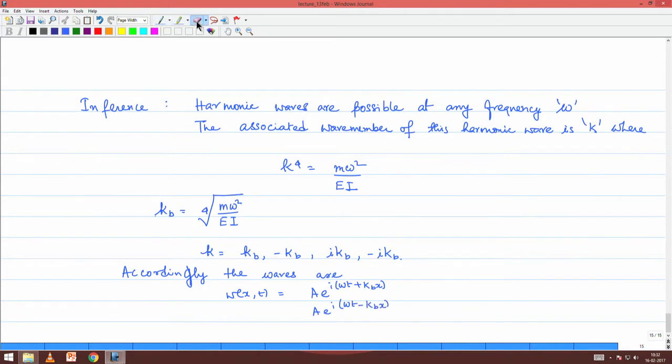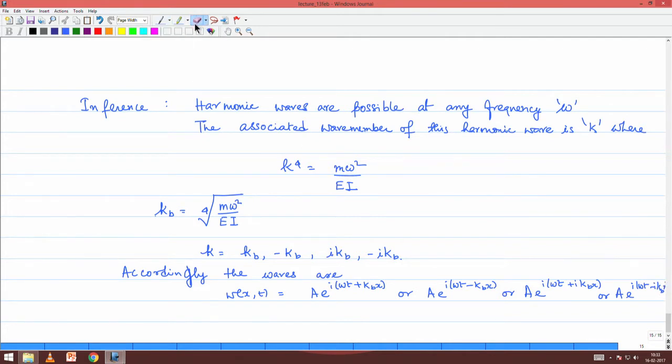I think I better write this way. Or you could have A e to the power i omega t plus i kb x, or you could have A e to the power i omega t minus i kb x.